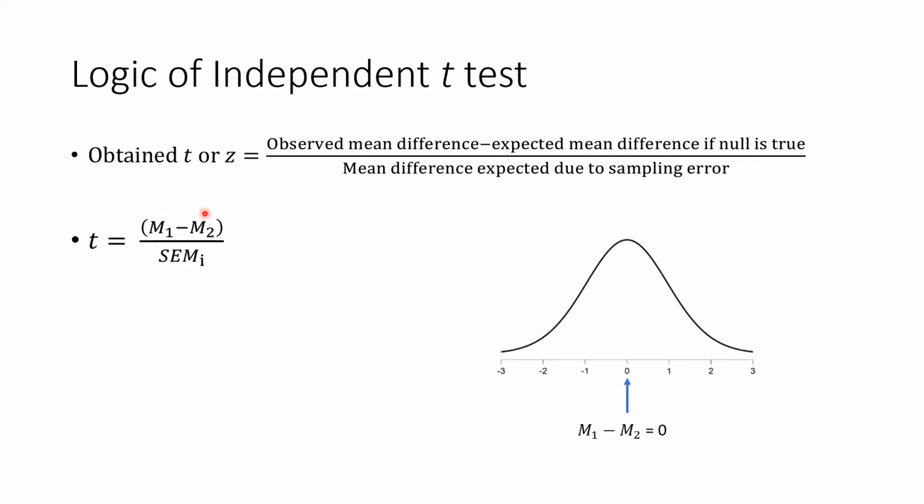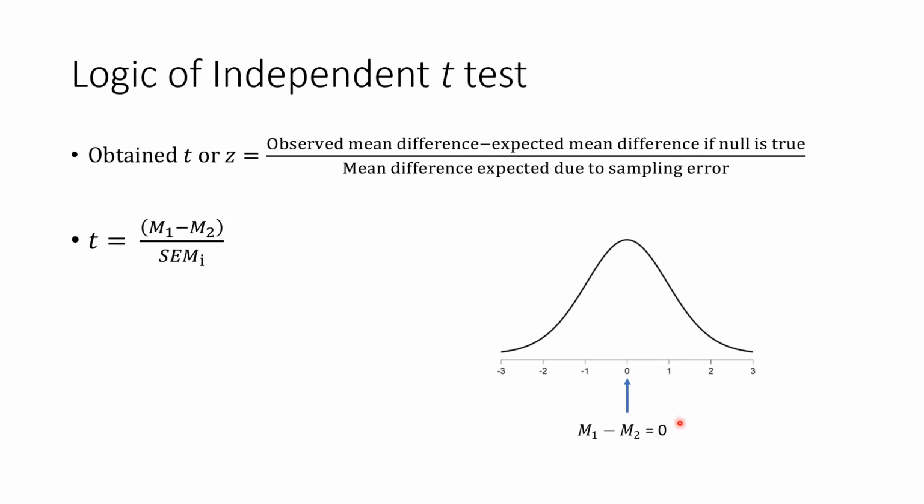If the mean difference is 0, or if the means of the two groups are very similar to each other, essentially 0, the numerator of this t-test is going to be really small, and you're going to divide that by sampling error, and you're going to get a t-value that's close to 0. So again, this is a distribution of sample means, or a t-distribution.